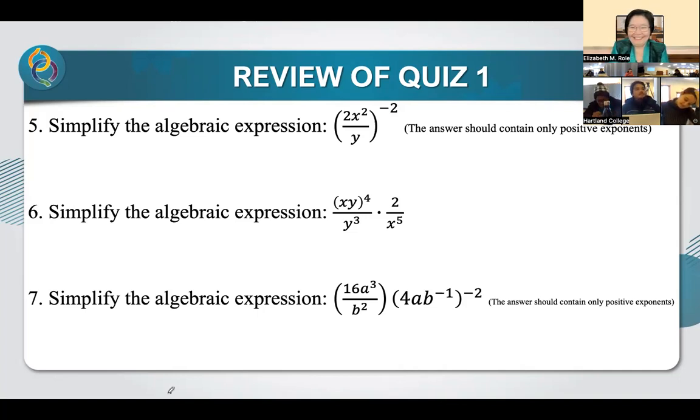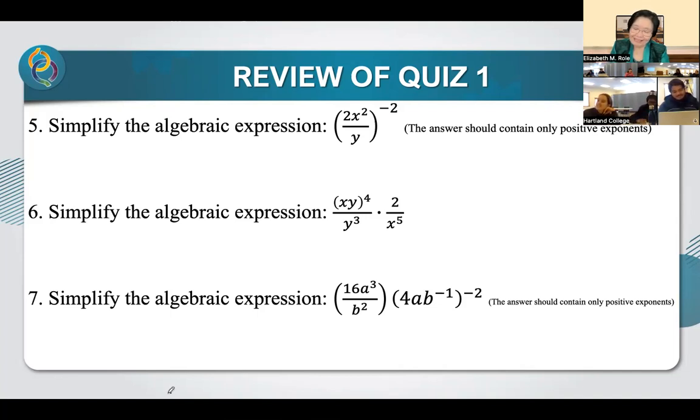Okay. Now let's see. How do you do this? That would be 4ab squared, basically, right? Now, it just so happened that for most of you, you had 4ab squared. You just multiplied negative 1 times negative 2 to be positive 2.